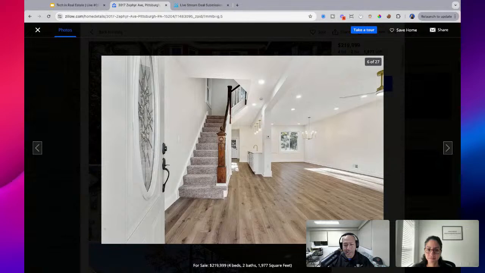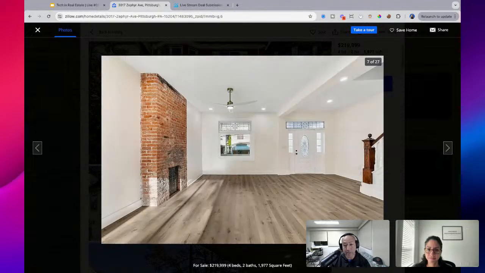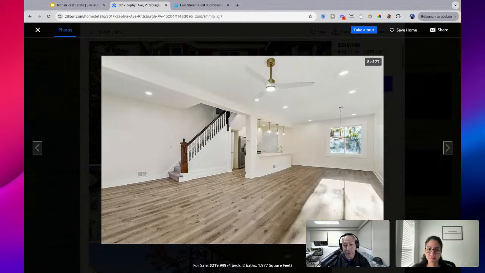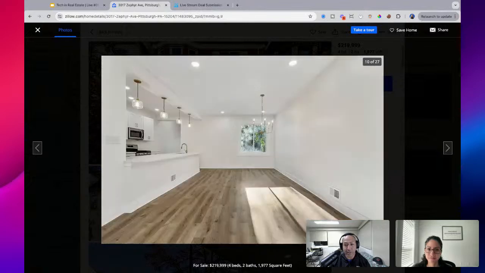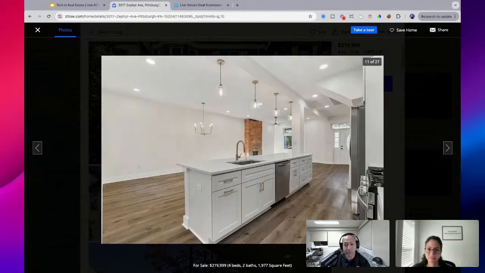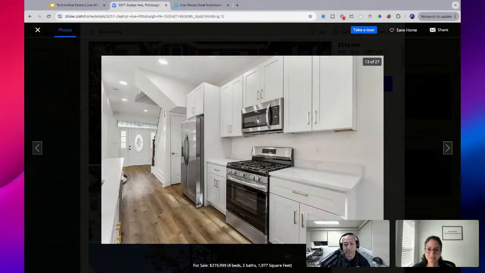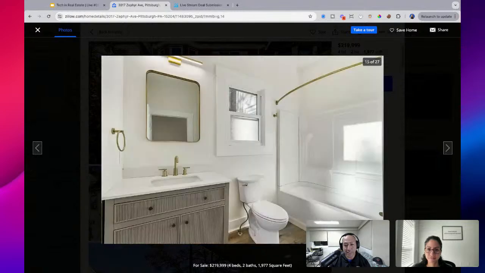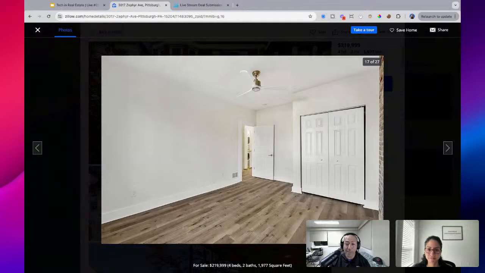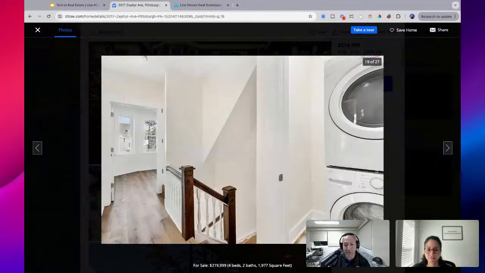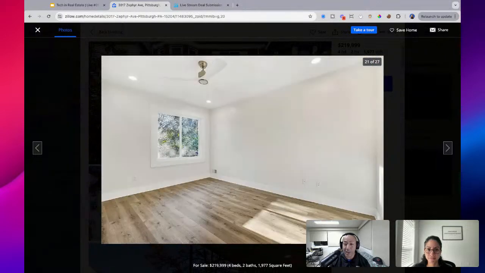So I would just glance through it and see what the property has. And from these, it looks like there's not going to be a lot of work done. It's pretty much rent ready, turnkey type of thing. But just from the pictures, you're probably assuming that this is not going to work for you.